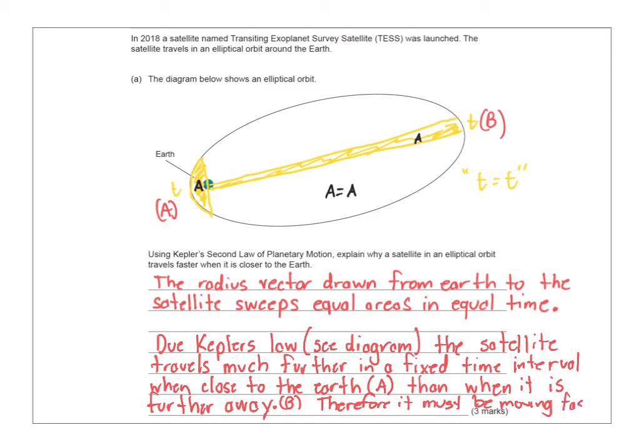I have a little band across the bottom of my screen. That's why I have to sort of write around that. So that's how we can go about answering that question in a really clear way and making sure we get all 3 marks that are on offer. Hopefully that was helpful.